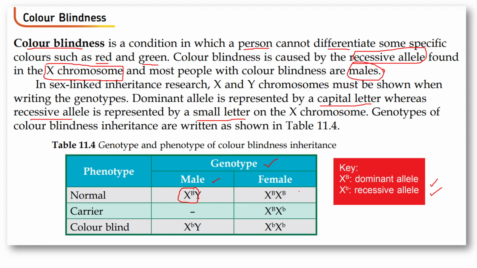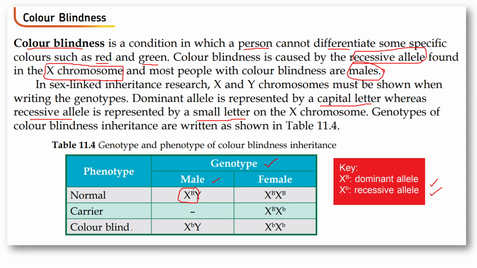Same goes to the female with homozygous dominant allele. Carrier: only a female can become a carrier, in which the female is heterozygous for color blindness, so she is a carrier.